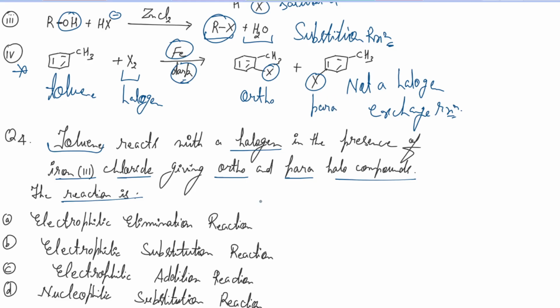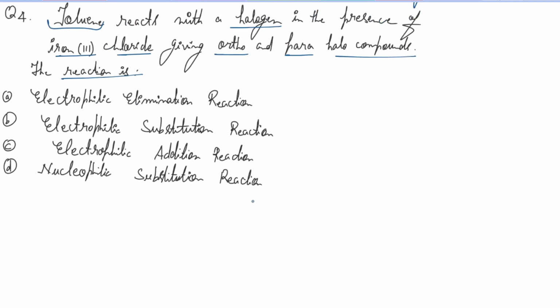So in these two cases, we have the ortho and para product. Which one is the suitable answer for this reaction? The options are electrophilic elimination reaction, electrophilic substitution reaction, electrophilic addition reaction, and nucleophilic substitution reaction.